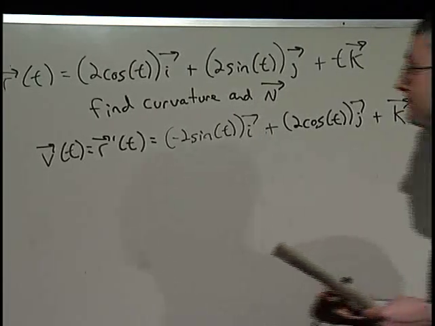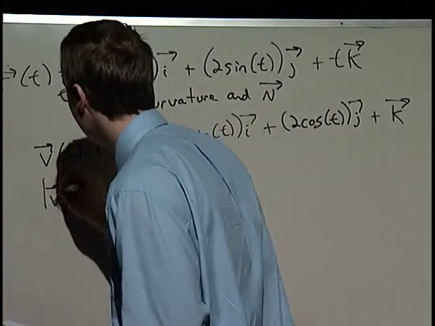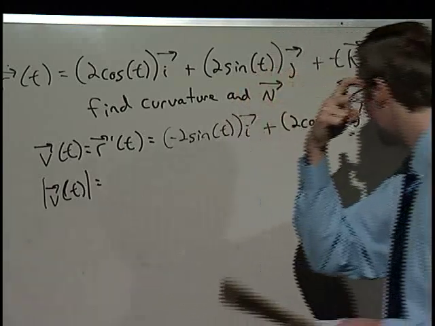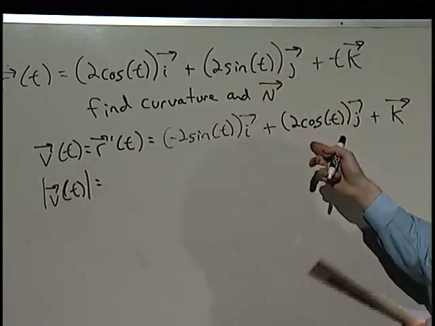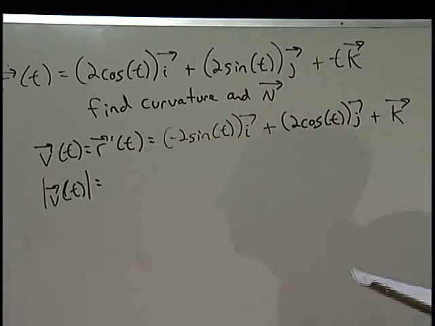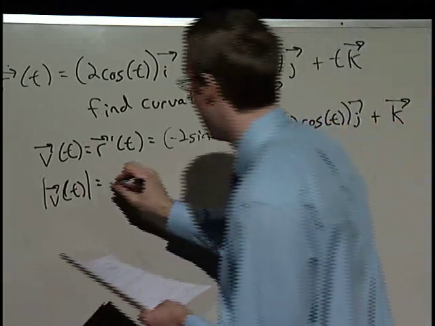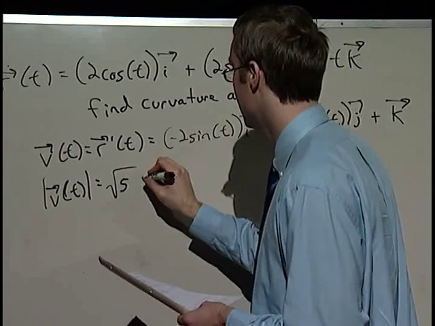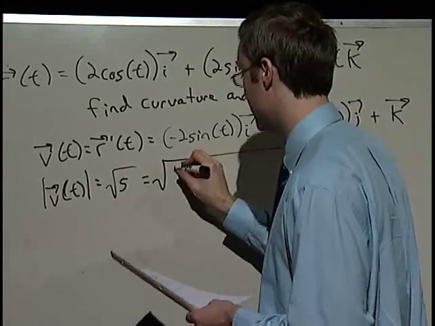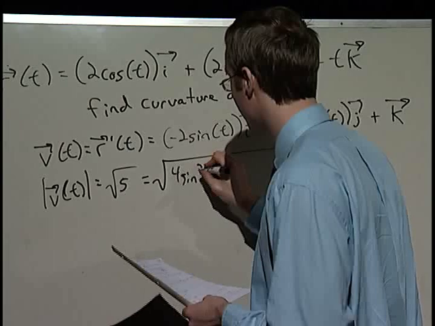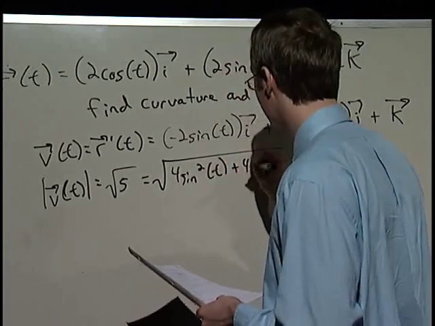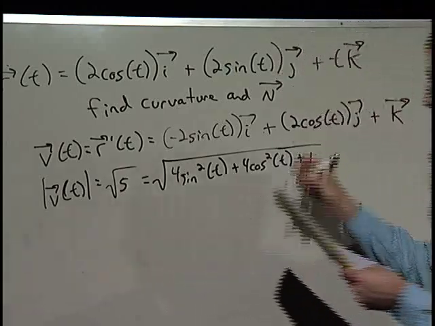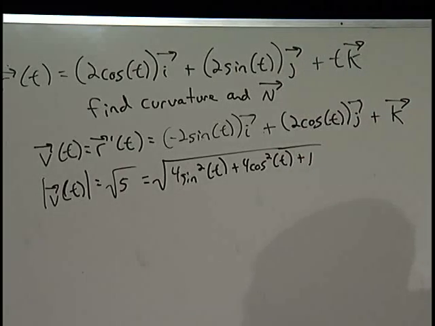We need the length of v of t. So that's 4 sine squared t plus 4 cos squared t plus 1, which is 4 plus 1 is 5. This should be root 5. There you go.